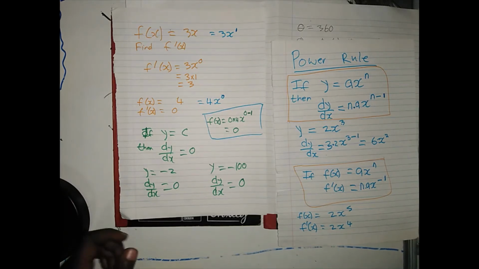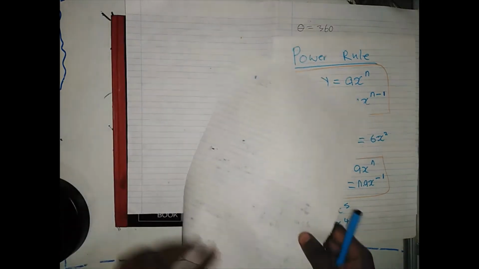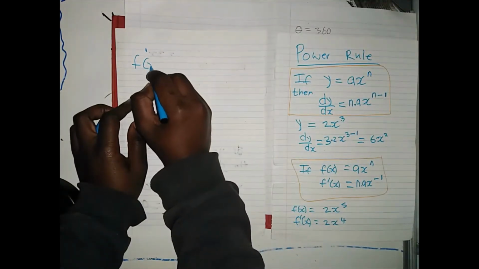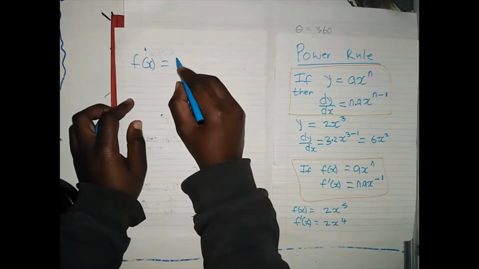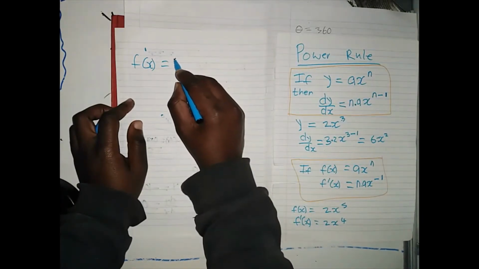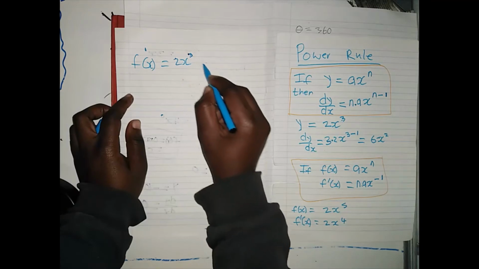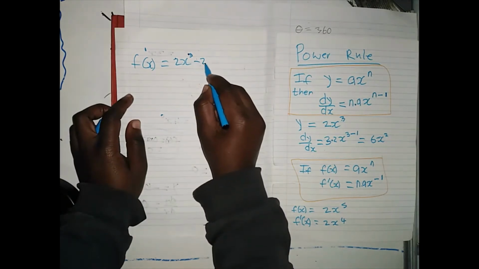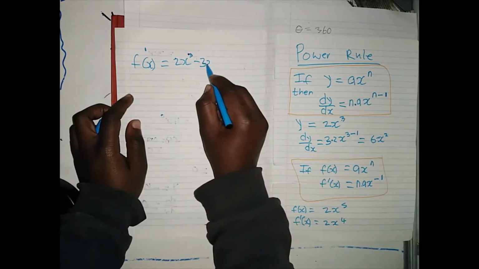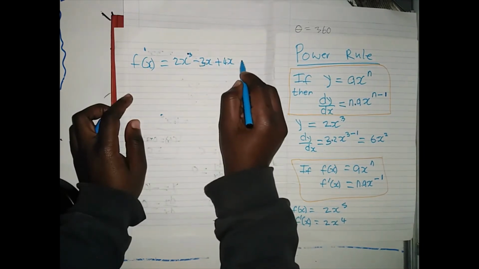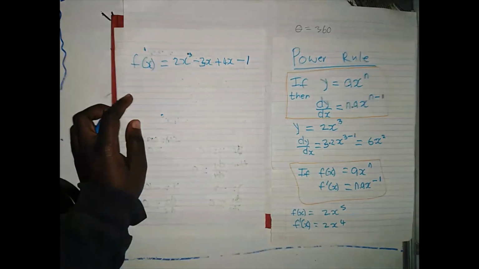Now what if you've got something like this? You've got f of x, which is equal to, say, 2x to the power 3 minus 3x squared plus 4x minus 1.